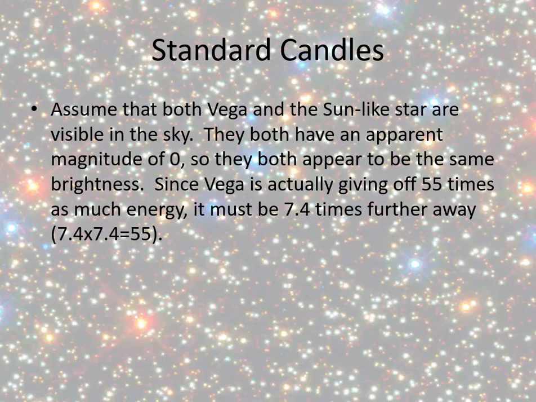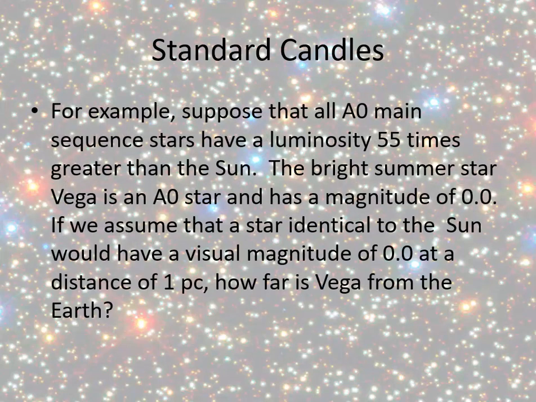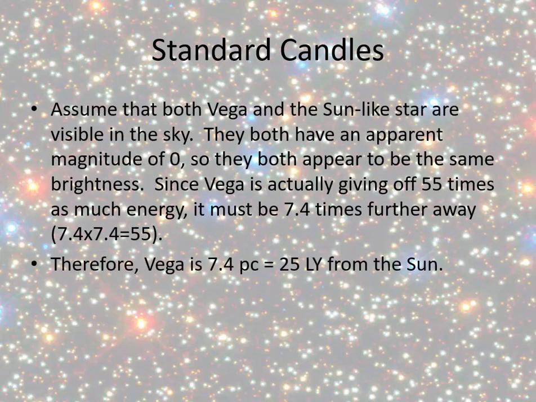So therefore, it must be 7.4 times farther away than 1 parsec. So that would put it at 7.4 parsecs, which is 25 light years. Where did I get that 7.4? 7.4 is the square root of 55. So remember, brightness goes as luminosity over 4 pi distance squared.